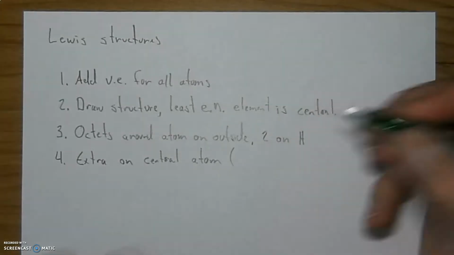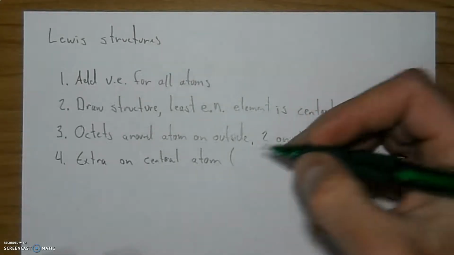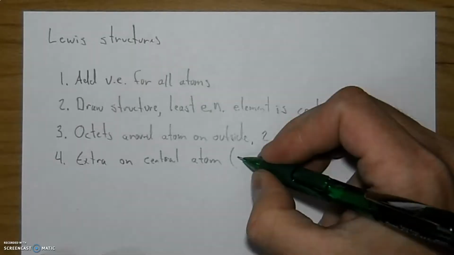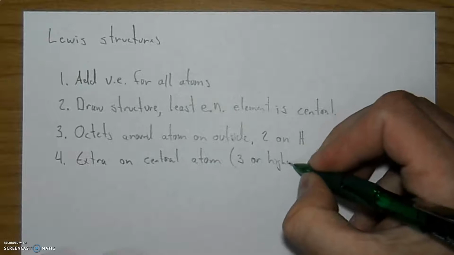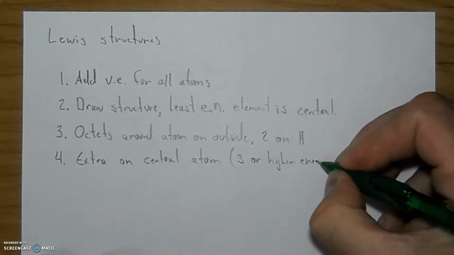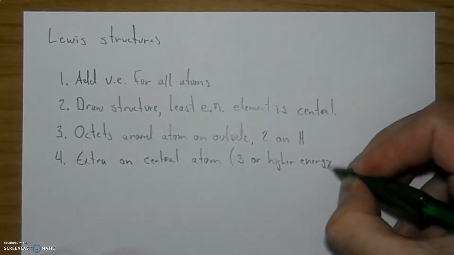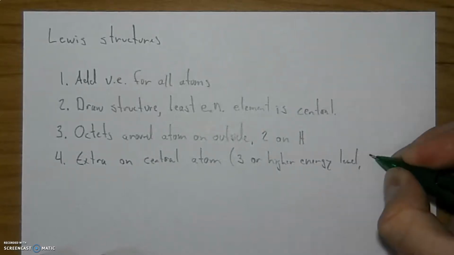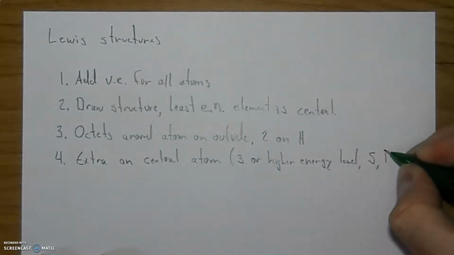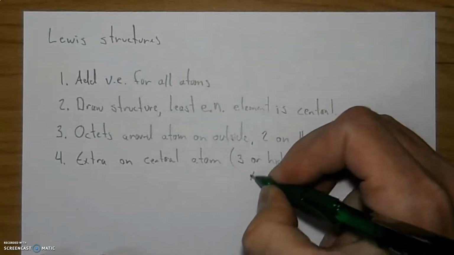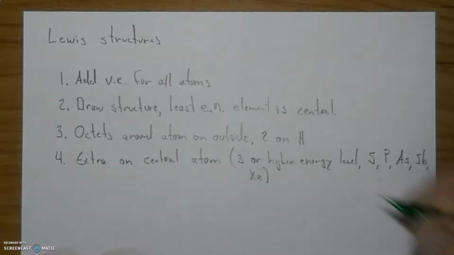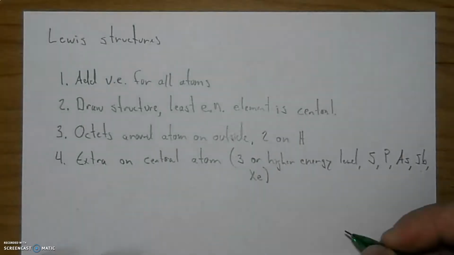Usually it has to be something in energy level 3 or higher. Some examples of that would be sulfur, phosphorus, arsenic, antimony, and yes, even occasionally, xenon. These guys sometimes can have expanded octets.